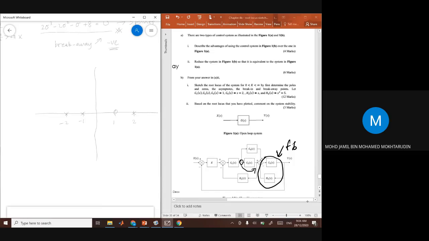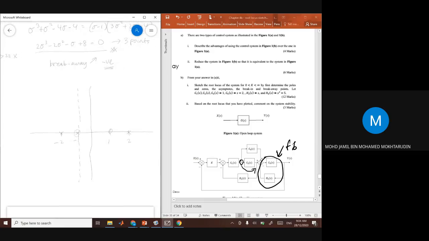So asymptote is here. And the angle is 90 degree and 270. So here and also here. And breakaway is negative, it's somewhere here. And I think you'll get 2 more points, maybe here and here. Good. Okay.